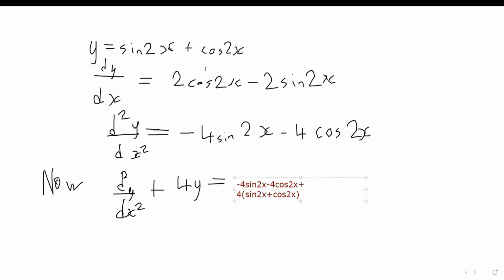Expanding this, you end up with minus 4 sine 2x minus 4 cos 2x, and then plus 4 sine 2x plus 4 cos 2x.